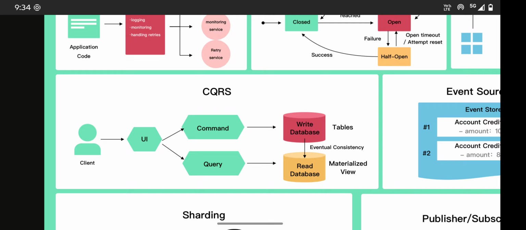Getting my point, right? If you are clubbing both writing and reading as a single service, it may lead to ambiguity, sometimes data inconsistency issues also.